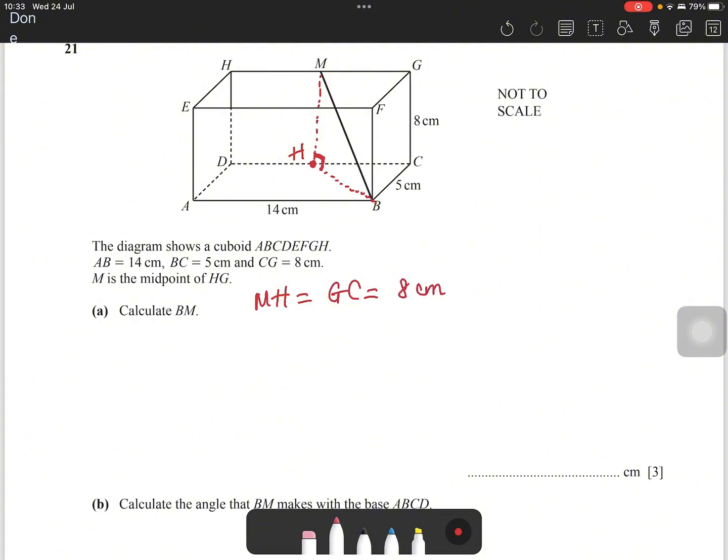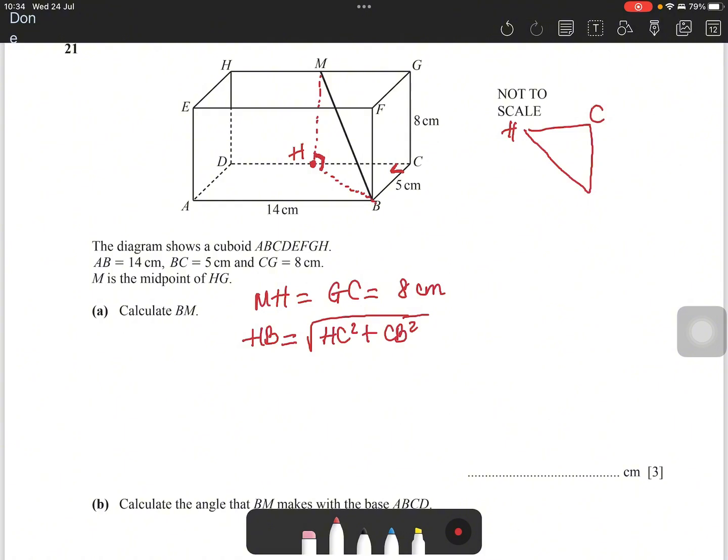And to find the length of HB, it is the square root of HC squared plus CB squared, because the triangle HCB is also a right angle triangle. And in this right angle triangle, we know that CH is half of CD.